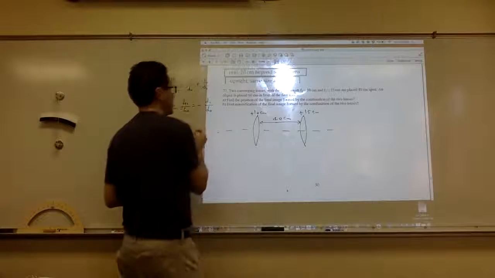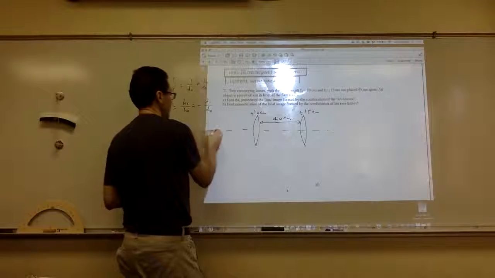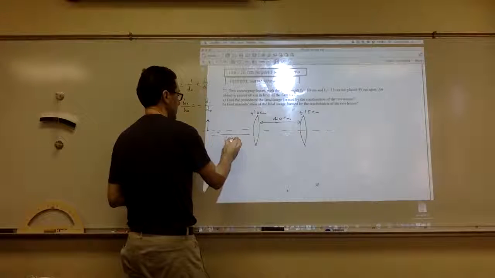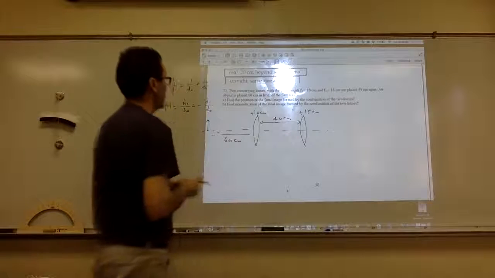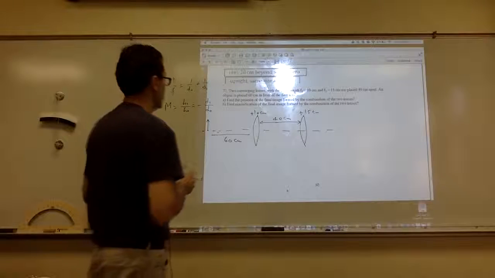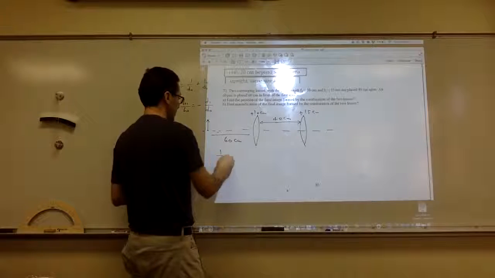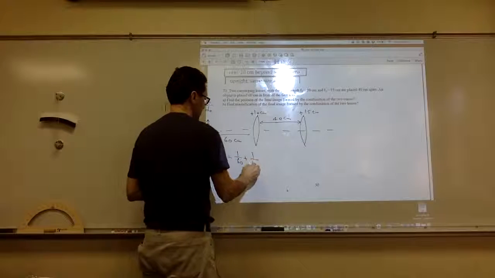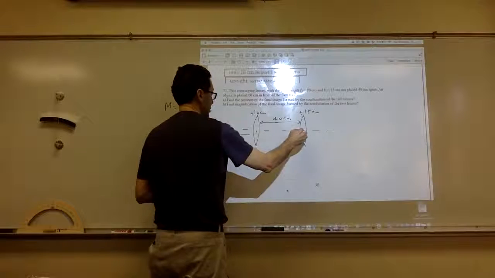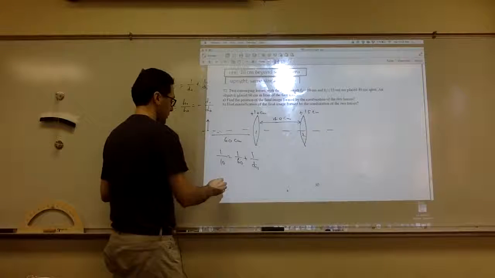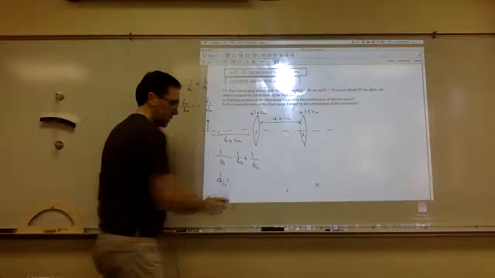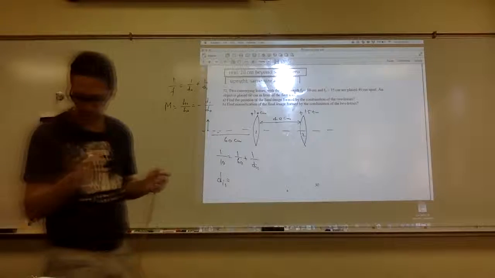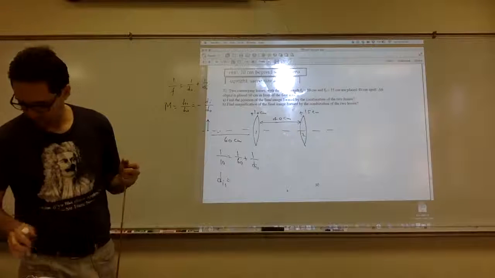An object is placed 60 centimeters in front of the first lens, so it's here. So this distance here is 60 centimeters. Find the position of the final image. Okay. So I'm going to do 1 over 10 equals 1 over do plus 1 over di for the first lens. This is lens 1, this is lens 2. So di1 is equal to 15 centimeters. Is it?